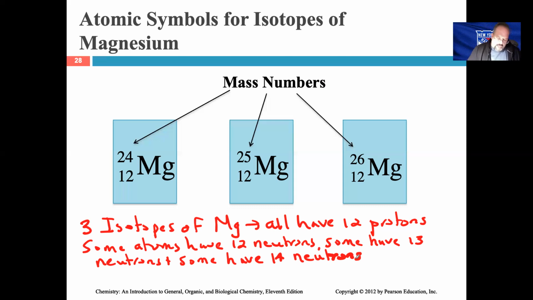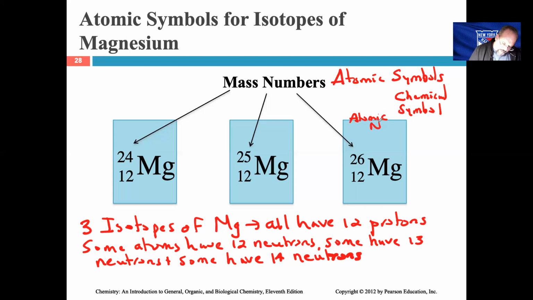So a lot of times the way we write isotopes is that we write isotopes using what are known as atomic symbols. In an atomic symbol, we give the chemical symbol for the element. In the lower left, we give the atomic number.